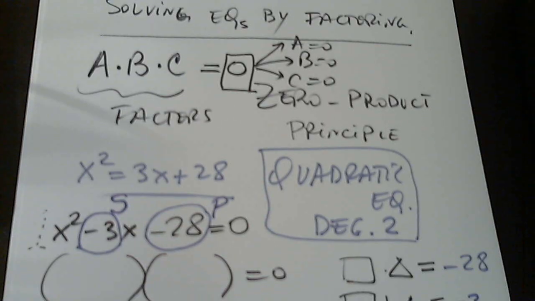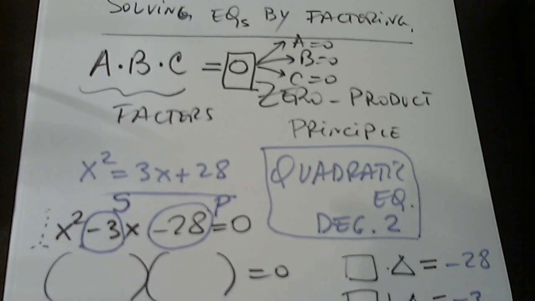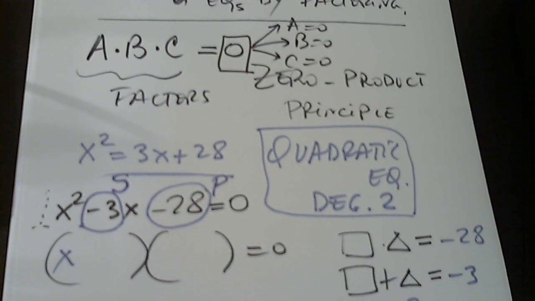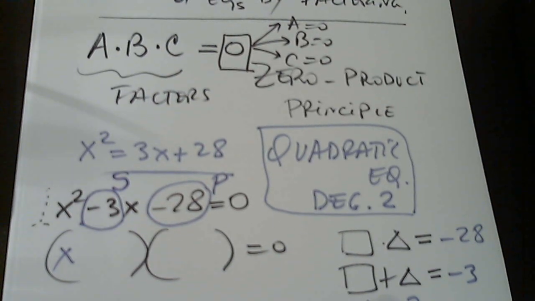We're done, so to speak, when it comes to factoring, but we haven't solved the equation yet. So you got x squared. Careful, I cannot have x squared minus x. So x minus 7, good.